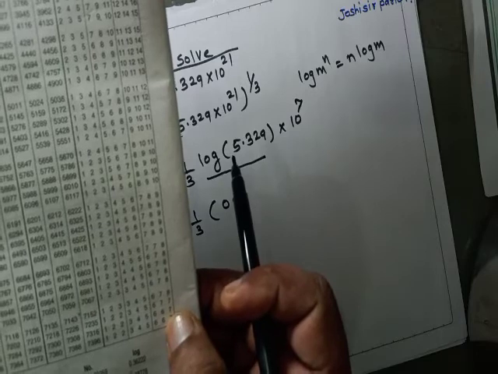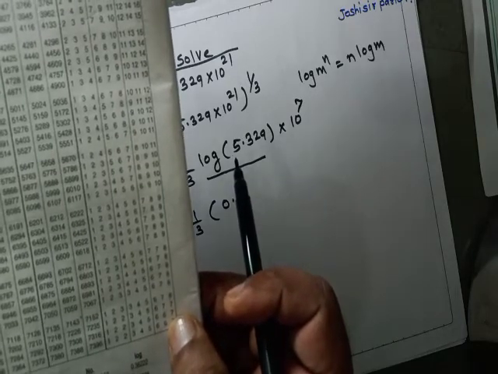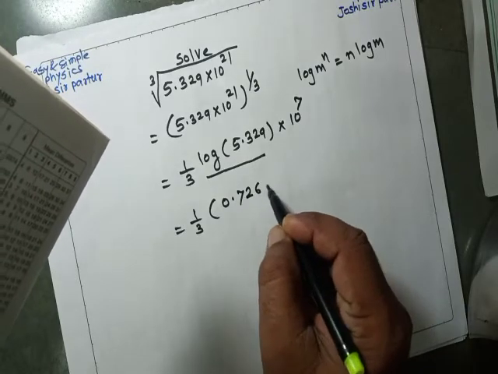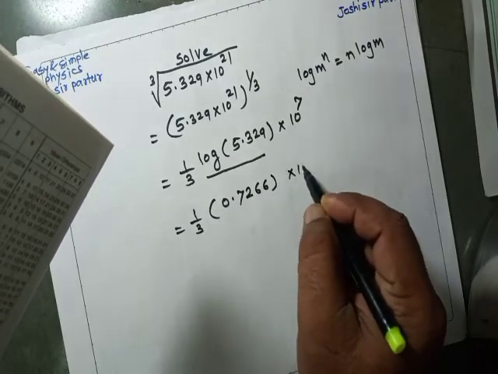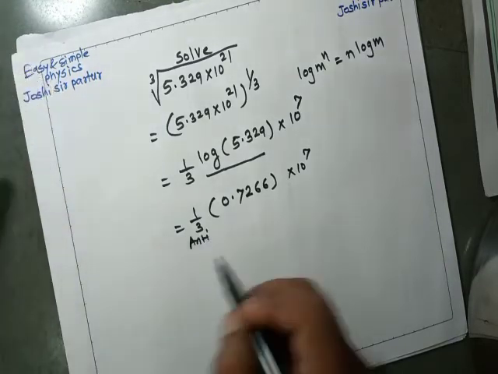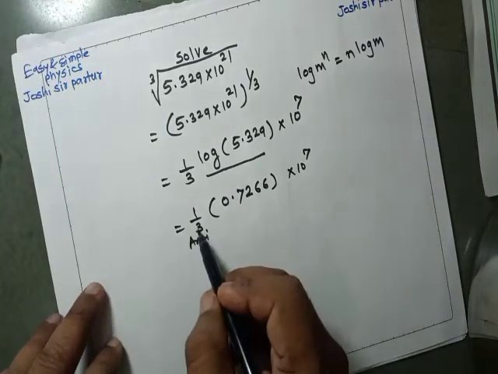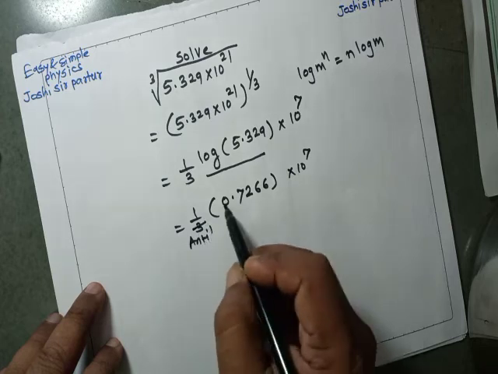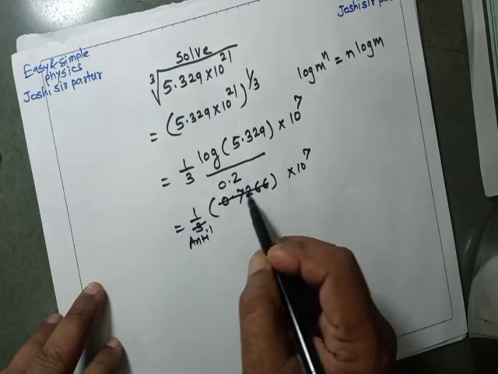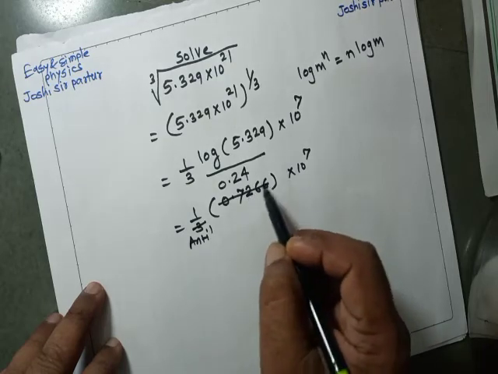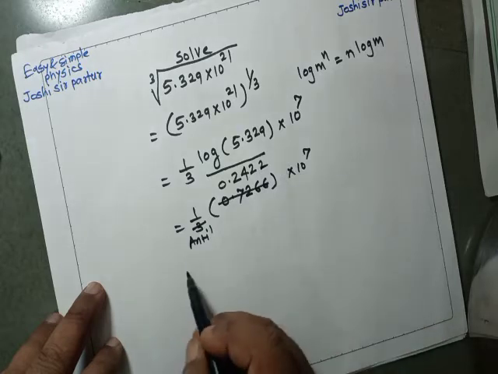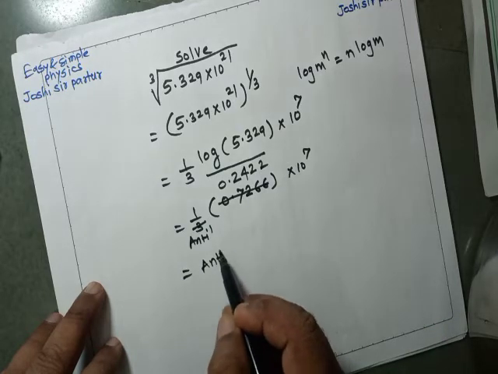So 7 and 5 9, it is 66. So here it can be written as 7266 multiplied by 10 to the power 7. Take its antilog. When is antilog taken? By dividing by 3. 3 1 the 3. Here 0 point. 3 2 the 6. 3 4 the 12. 3 2 the 6. 3 2 the 6.